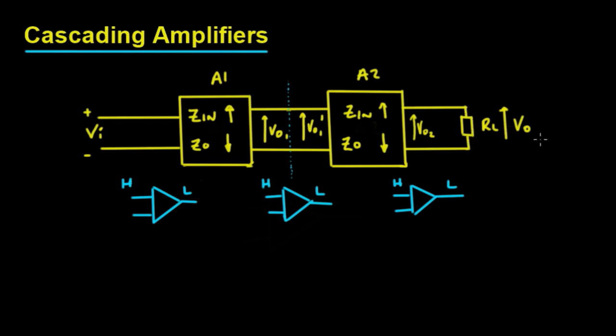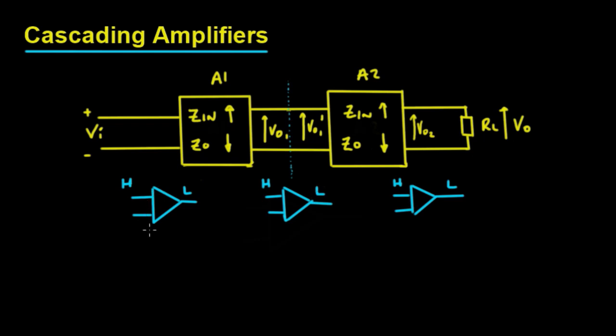Ideally we would want the input impedance to the first amplifier to be high, and the output impedance to be low. And then in the next amplifier again we would want the input impedance to be high and the output impedance to be low. That would ensure that we're able to transfer as much of the signal through the system as possible without having this voltage division effect.